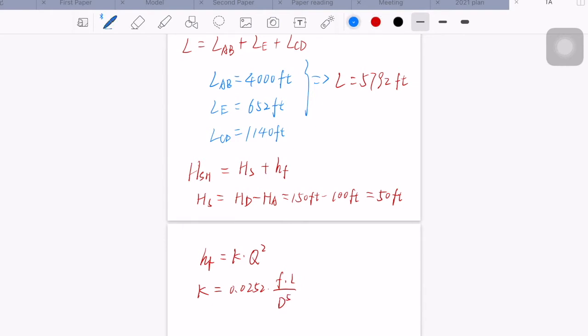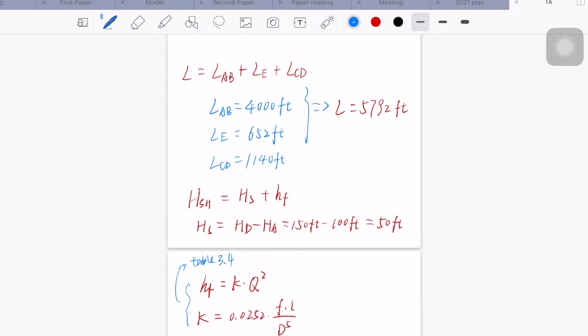There are two equations also in Table 3.4 in the textbook.